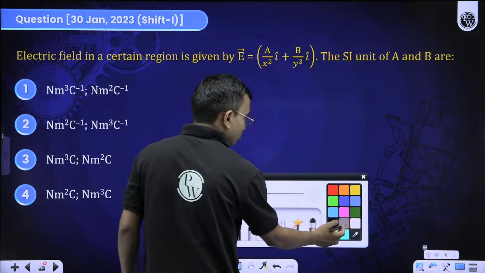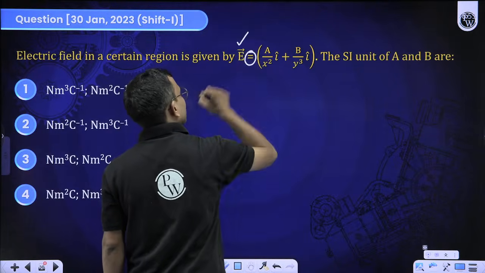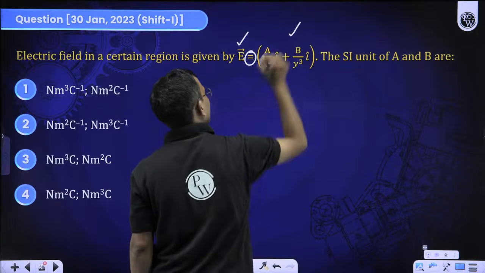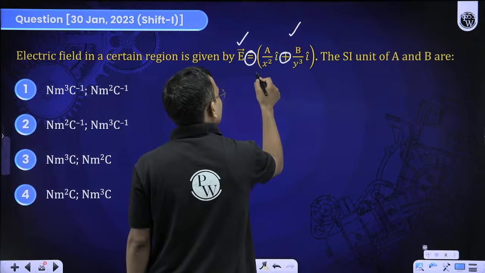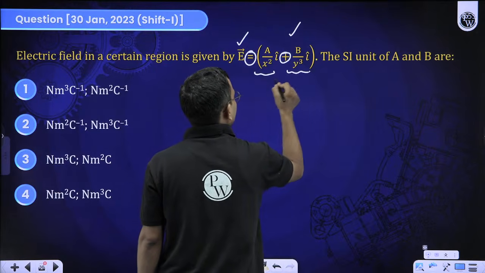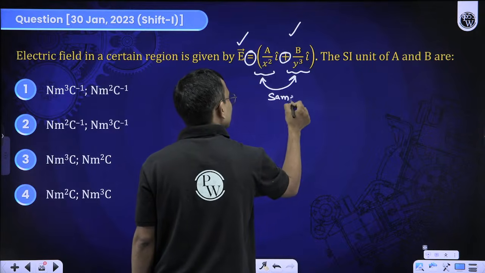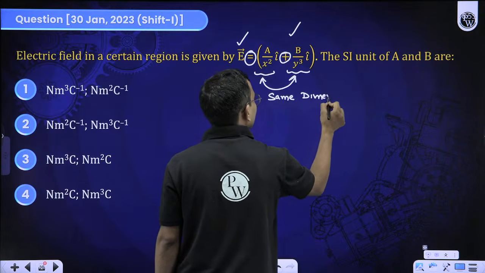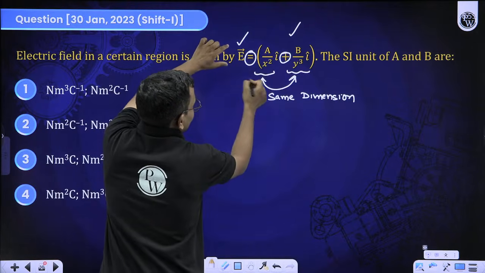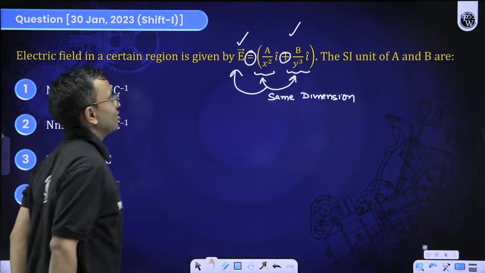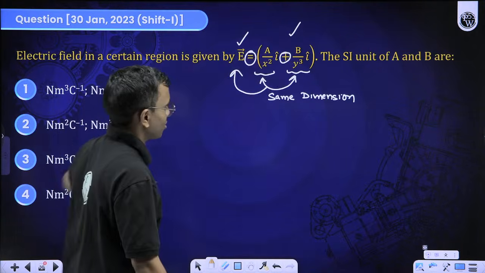Here you see this plus and equal to sign is there. It means dimensions on this side are the same as dimensions of this side. Clear? This plus sign is also there. It means this physical quantity and this physical quantity have the same dimensions. So these three have the same dimensions. Dimensions of E is the same as dimensions of A by X square, which is the same as dimensions of B by Y cube.